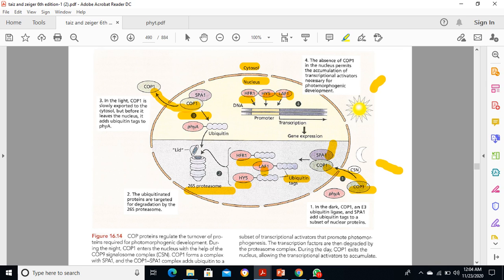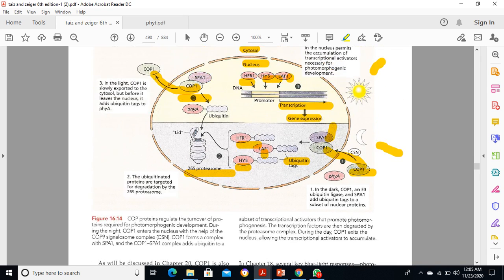So since no one is there to add ubiquitin tag, these are free and they will act as transcription regulators and they will bind, and transcription and gene expression occur. The photomorphogenic response genes will be expressed and the photoresponse also will be mediated. That is in the presence of light. Okay, so this is very important. I think, as I said earlier, you can expect C-part questions based on this concept.